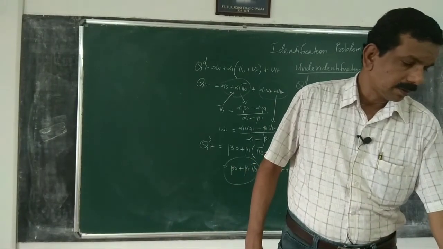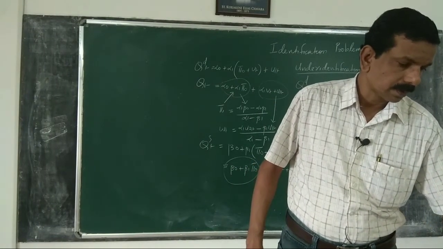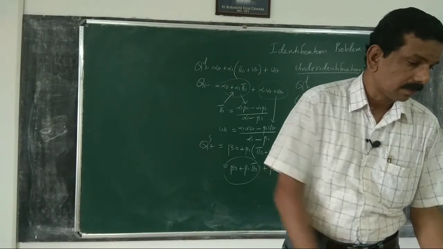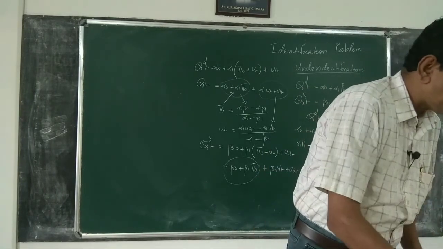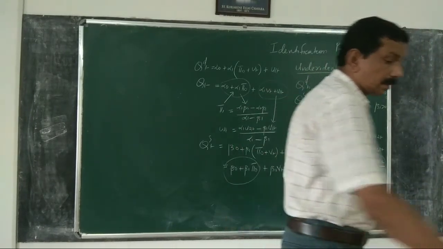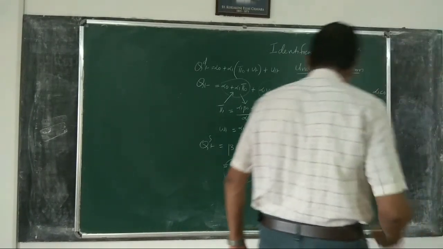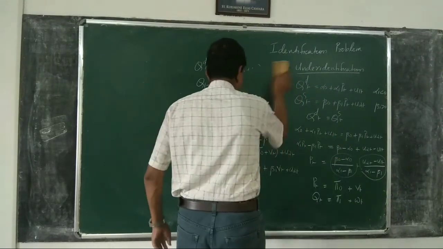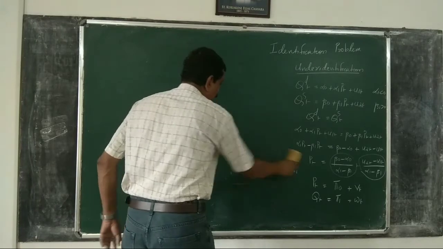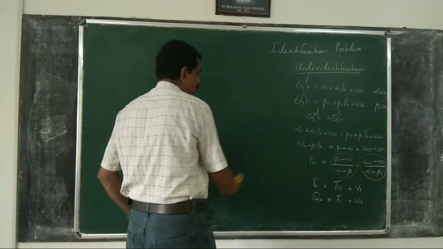And as you can see in this example, there are no predetermined variables. We have only Qt and Pt.